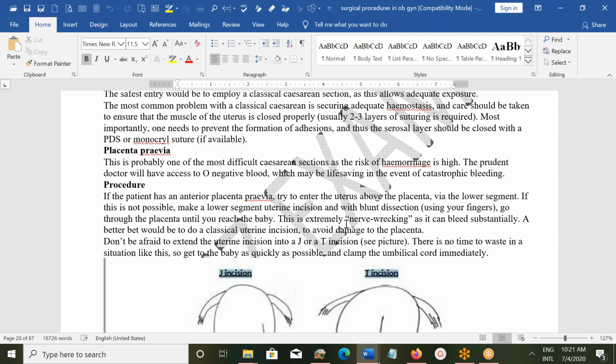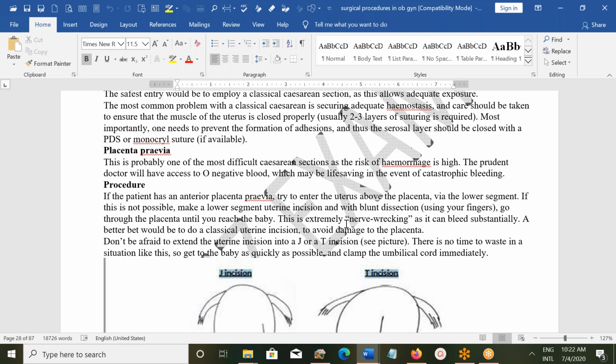If the patient has an anterior placenta previa, try to enter the uterus above the placenta via the lower segment. If this is not possible, make a lower segment uterine incision, and with blunt dissection, use one finger to go through the placenta until you reach the baby. This is extremely nerve-wracking and it can bleed substantially.